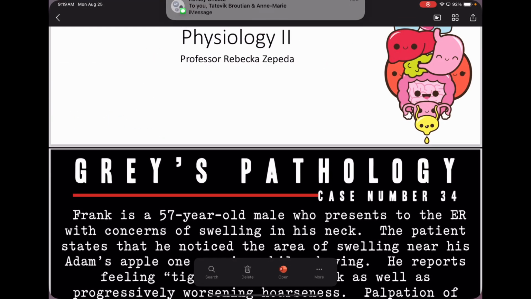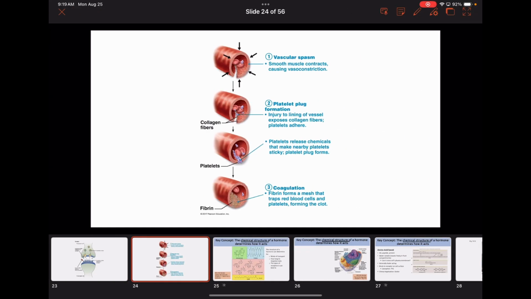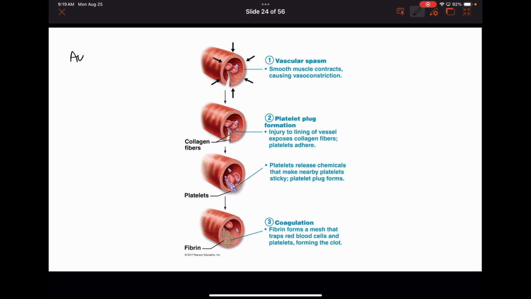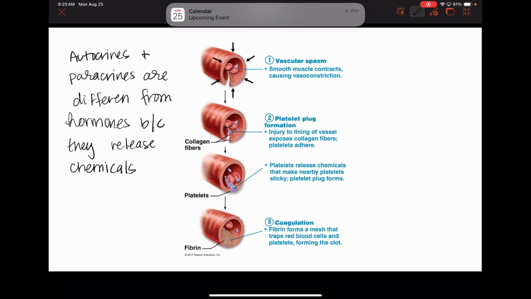They are different from hormones because they release chemicals around their immediate space. Not the blood.